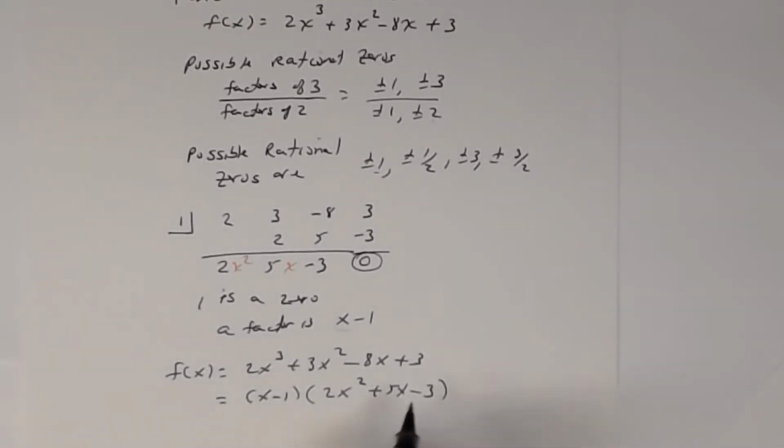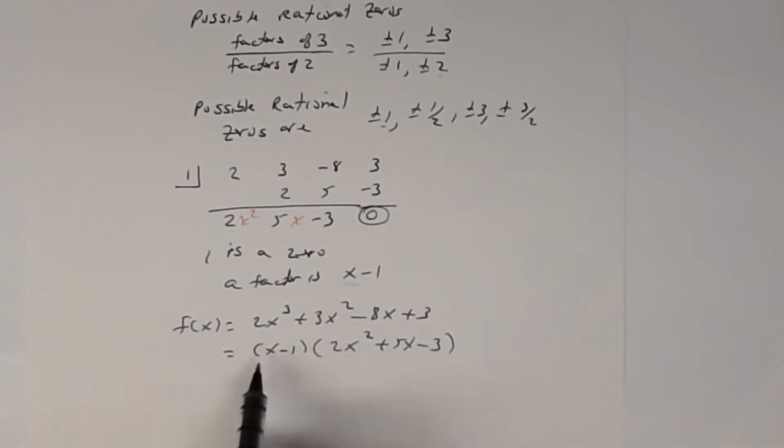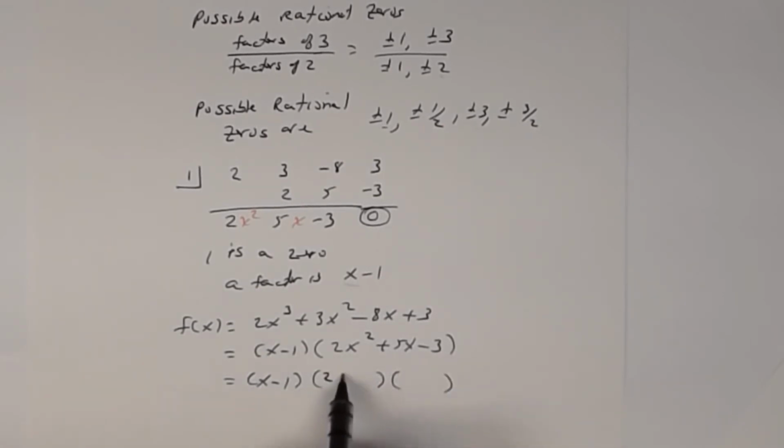All right? And then all you have to do is find the zeros of this quadratic. You can either use a quadratic formula or you could try to factor. If it's not factorable, then you have to use a quadratic formula. All right, so let's see if it's factorable. So we get x minus 1, and let's see what we get here. The only possibility for 2x is 2x and x, and the only possibility for -3 or 3 is 3 and 1.